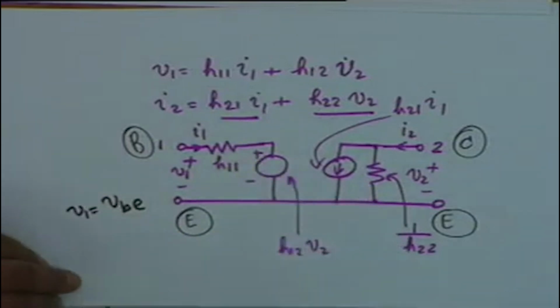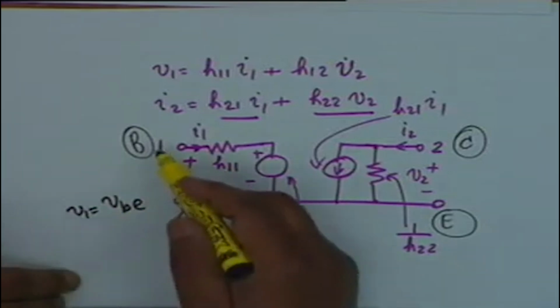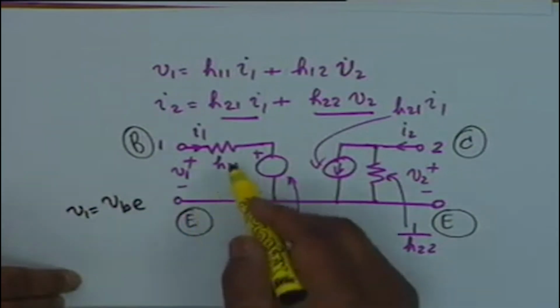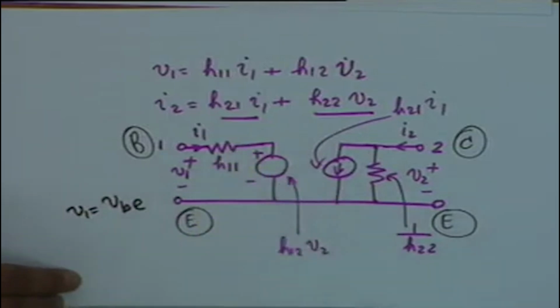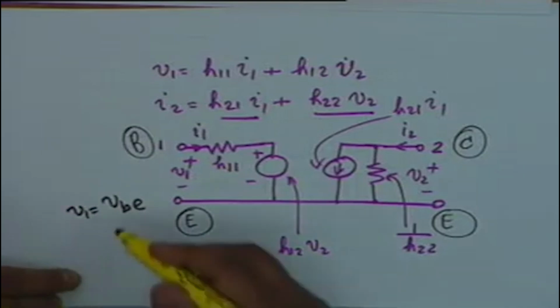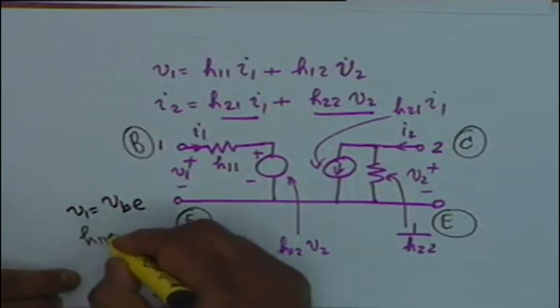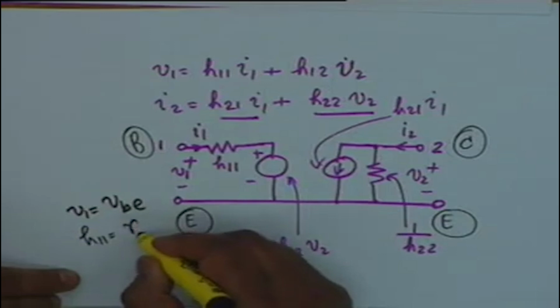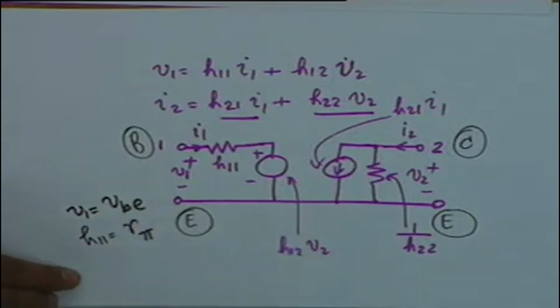H11, what is H11 then? It is the dynamic resistance of the forward biased emitter base junction. Between base and emitter there is a junction. So H11 is the resistance of the forward biased emitter base junction. So H11 is represented as R pi. The subscript pi shall be clear a little later.